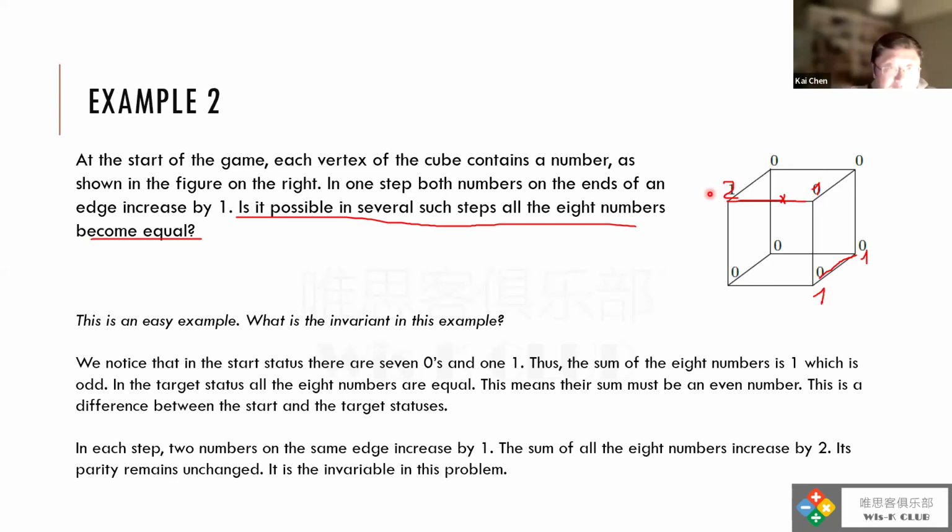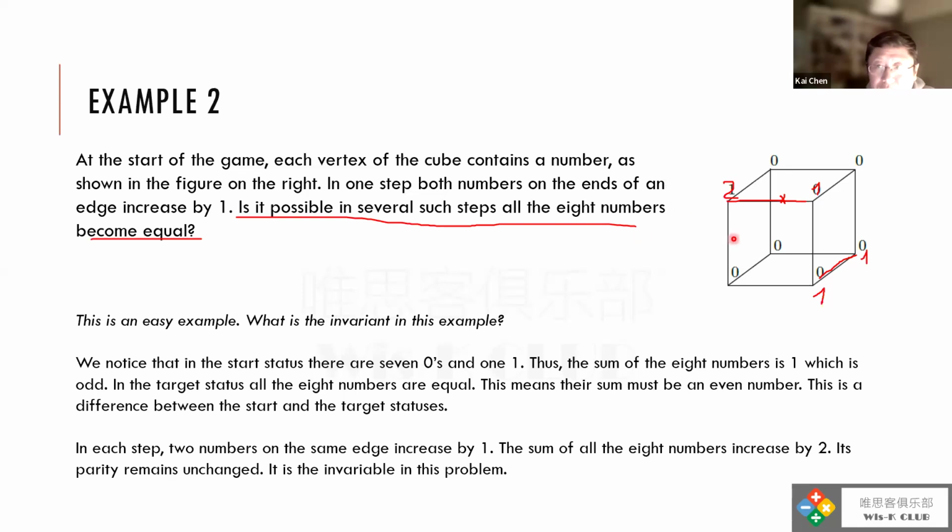So naturally, we can find that something is not changing, but the amount is increased by 2. What is the invariance? The parity, of course. The parity of the sum does not change, because every time you add 2 to the sum.